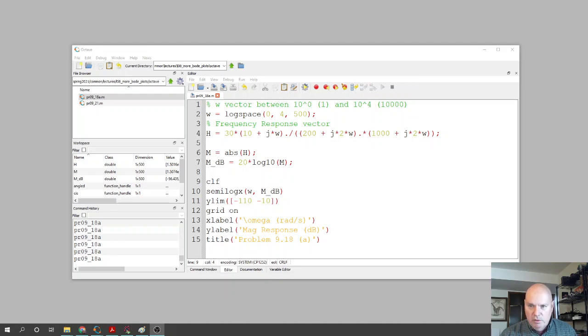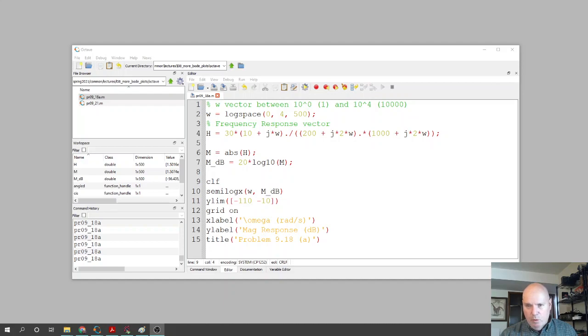What it's going to do in this case is create a vector that has 500 elements that are equally logarithmically spaced between 10 to the 0 and 10 to the 4th. So that would be between 1 and 10,000. And that's the same frequency range I used when I was manually drawing the response. I chose to use that same frequency range here.